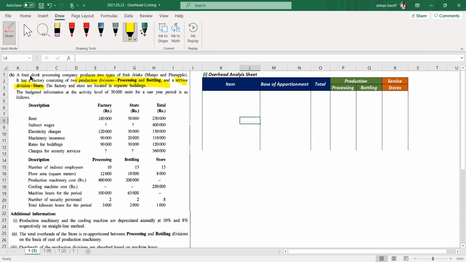Budgeted information at the activity level of 50,000 units for the 1 year period is as follows. Now, let's allocate the cost.